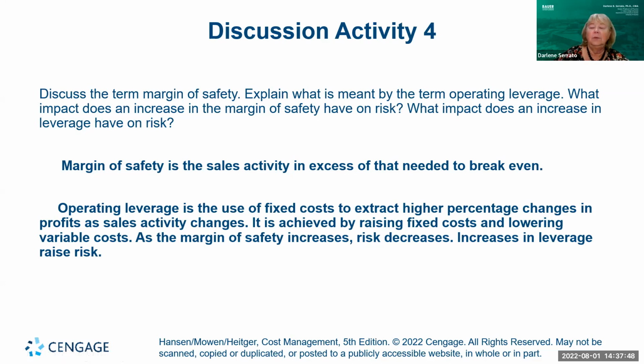Margin of safety, which is commonly abbreviated either MOS, all caps, or MS, is equal to actual or budgeted sales minus break-even sales. You can calculate it in units and dollars or as a percentage. If the number is negative, then you are operating or budgeting to operate below break-even.